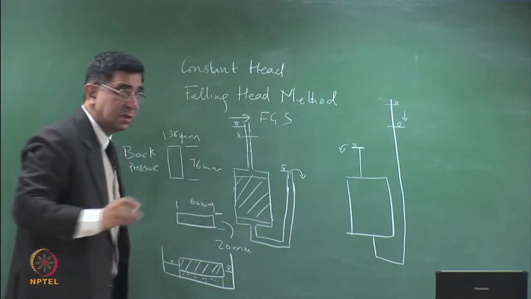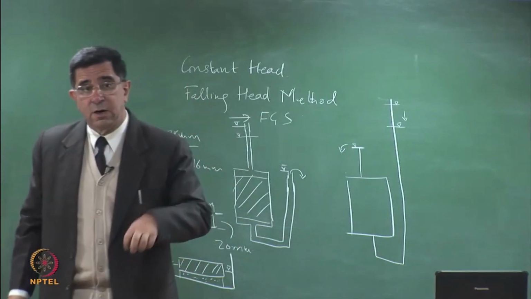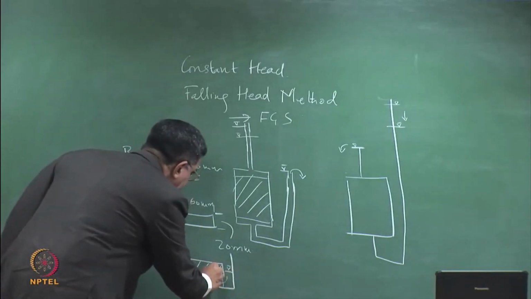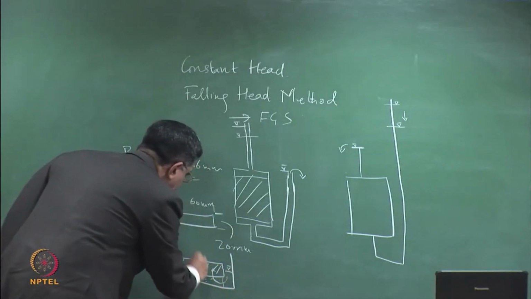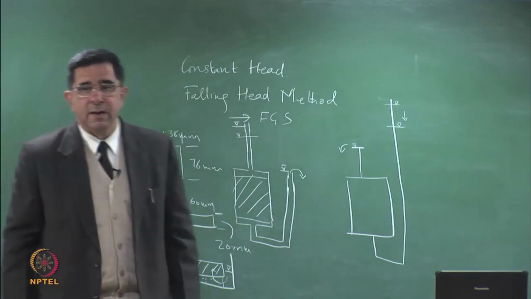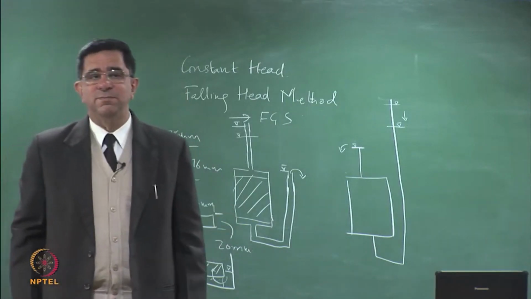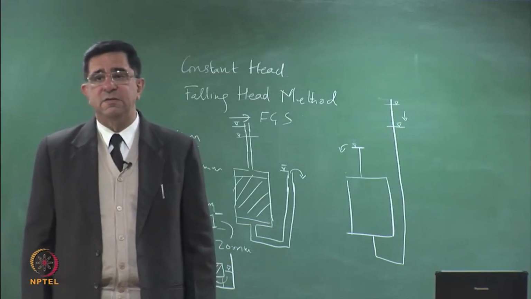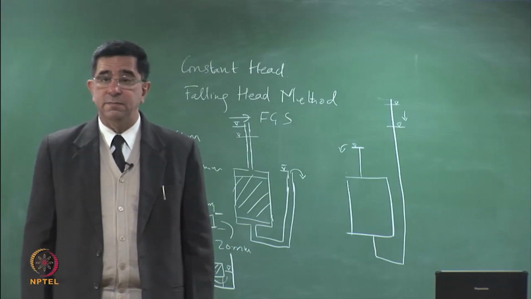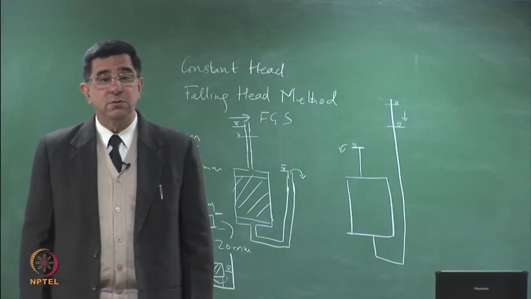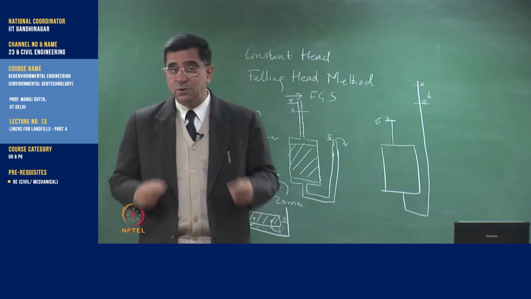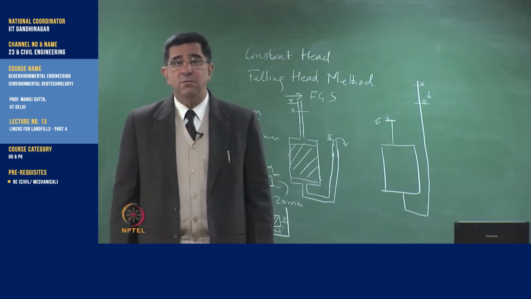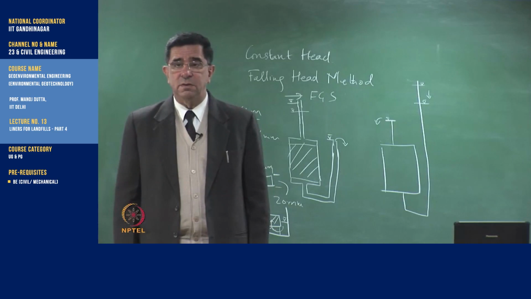I don't submerge it. I don't soak it in underwater. What will happen? Water will be pulled up and air will be pushed out from the top. And our experience shows in the laboratory that this is going to saturate the sample. But you have to keep on checking the water content and keep on checking the degree of saturation. Okay?